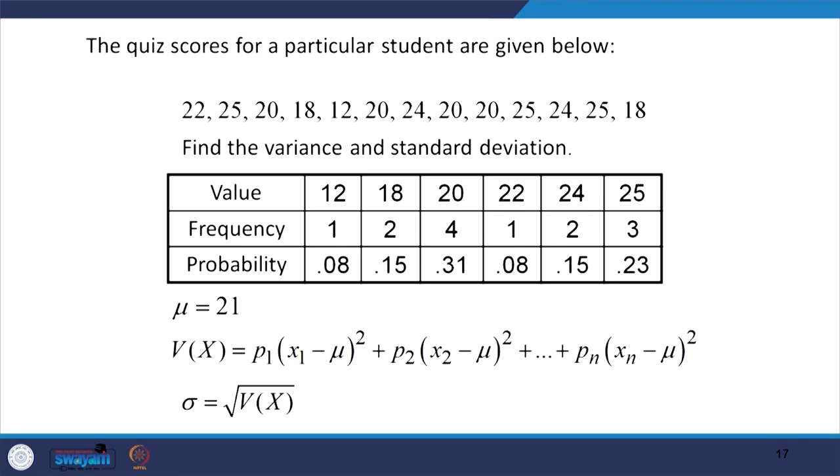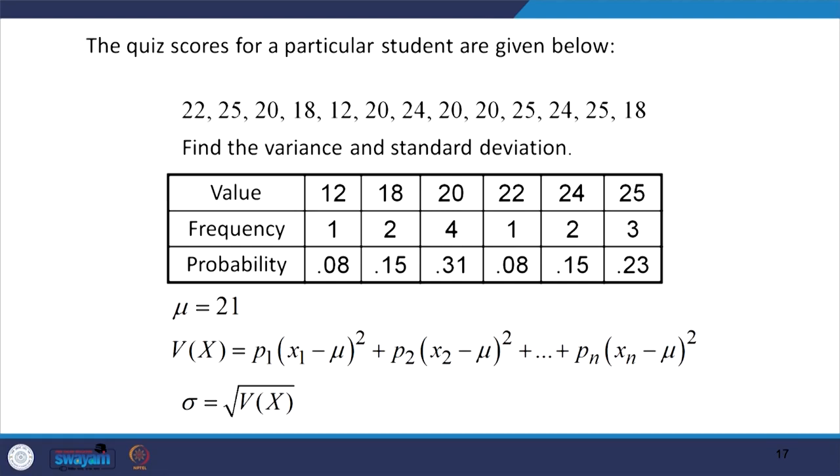Now, we can find mu in another way also. We know that already, the mean is sigma of f into m divided by sigma of f. How to find the mean? The expected value is sigma of x into p of x: 12 into 0.08 plus 18 into 0.15 plus 20 into 0.31 plus 22 into 0.08, sigma of x into p of x, that is 21.